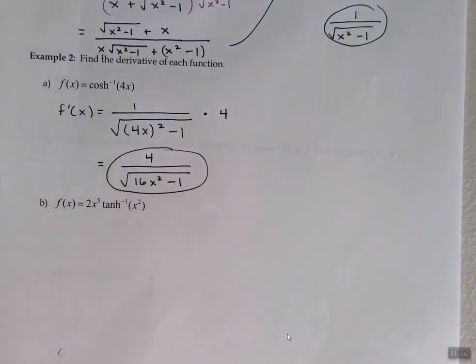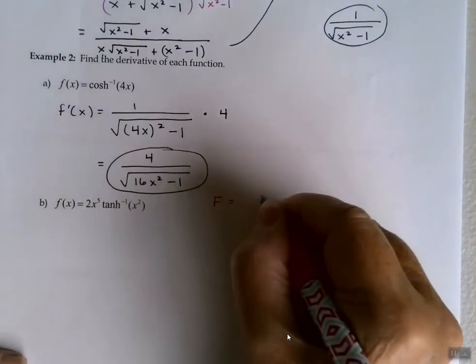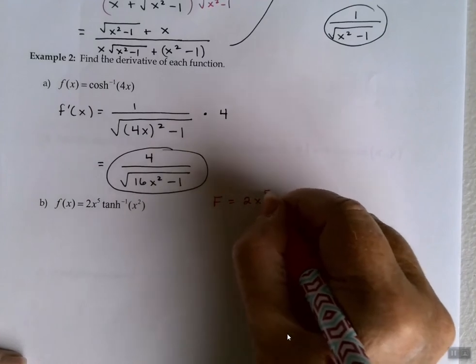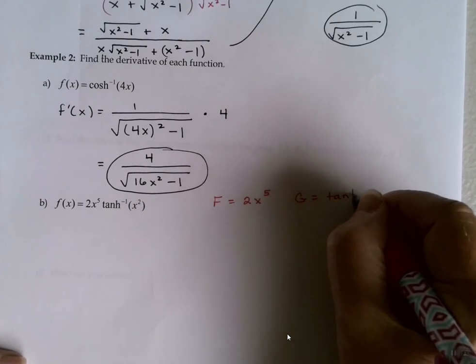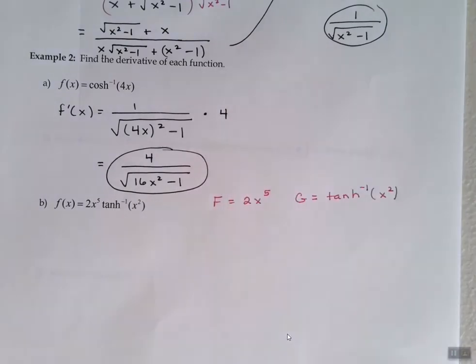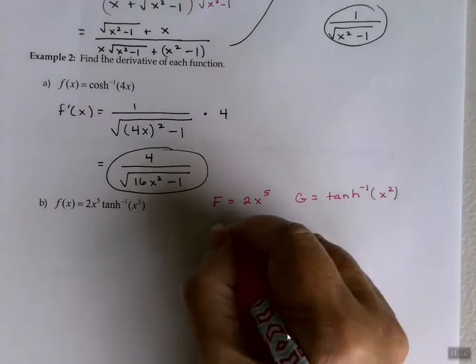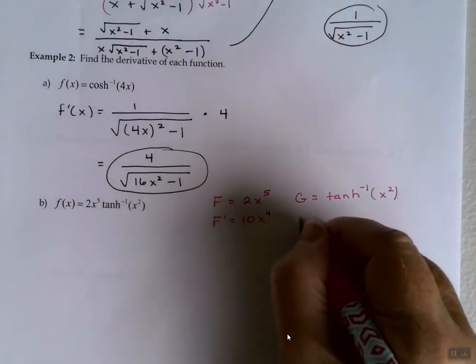This next one, I'm seeing a product here, so let's go ahead and define a product rule. F is just going to be that 2x to the 5th, and g will be the inverse hyperbolic tangent of x squared. F prime then is 10x to the 4th.